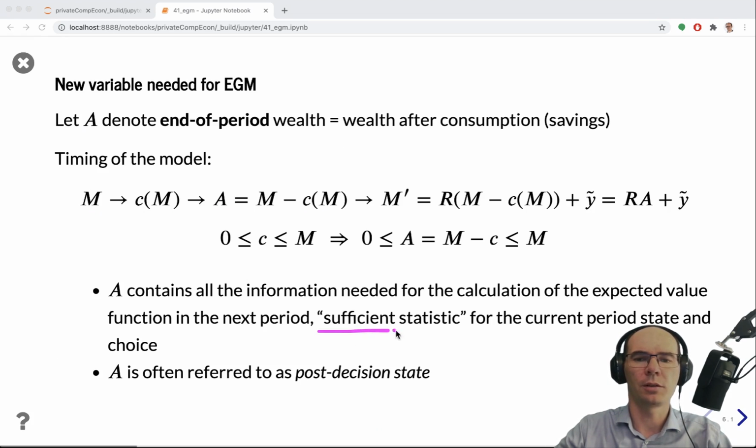So we say that A is a sufficient statistic for the current period state and choice. And of course, having such a variable in the model is one of the conditions to be able to apply EGM. A is often referred to as the post-decision state, a term used in operations research routinely.